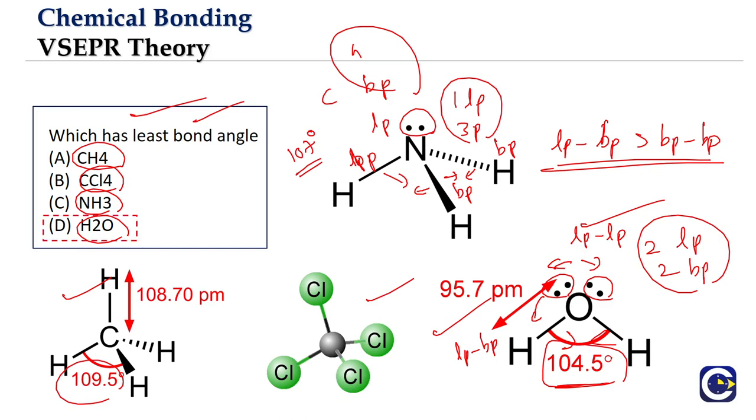It is H2O. So like this, if you have examples which are having similar geometry, we will be able to comment on the bond angle with the help of the order of these repulsions. What is the order? Lone pair repulsions are stronger than lone pair bond pair, which are stronger than bond pair repulsions. So this is why we say that the existence of lone pairs will be distorting the bond angle.